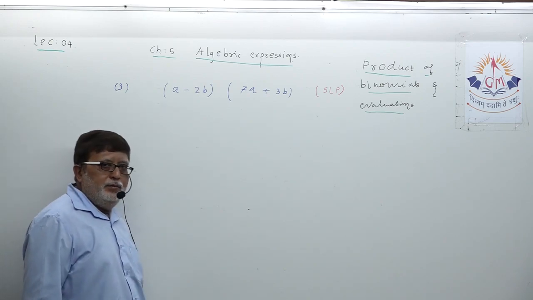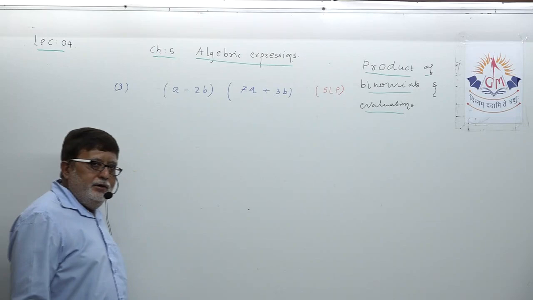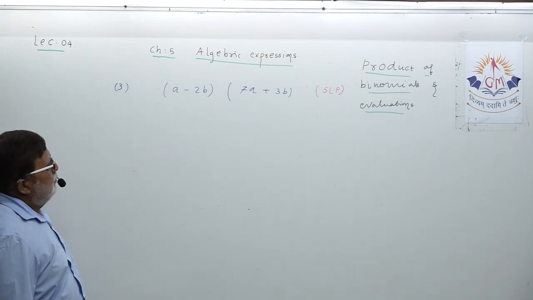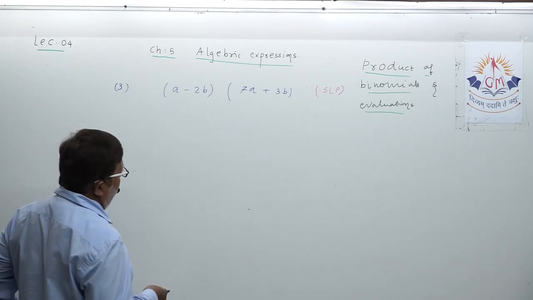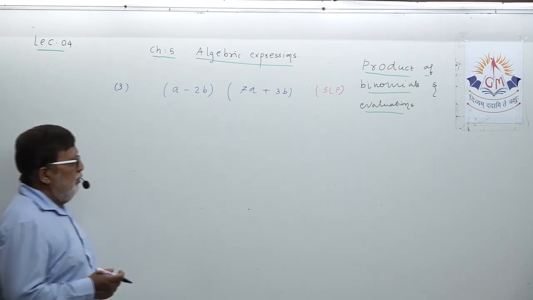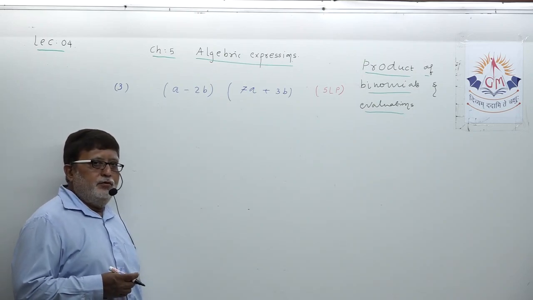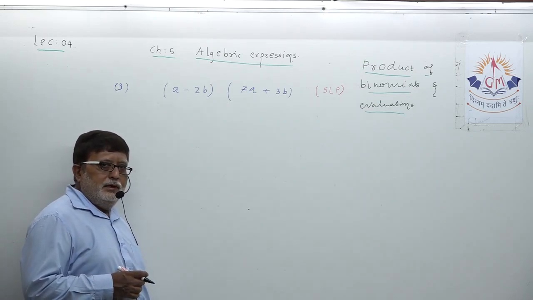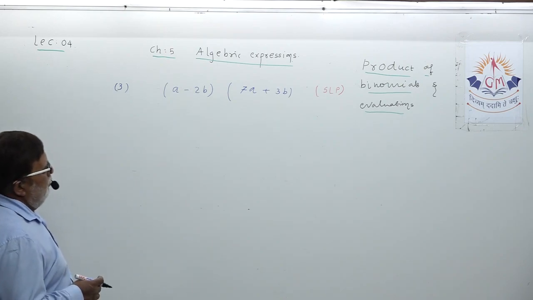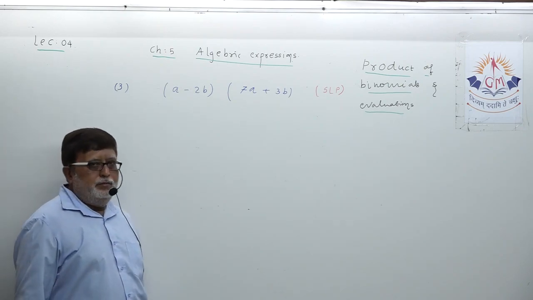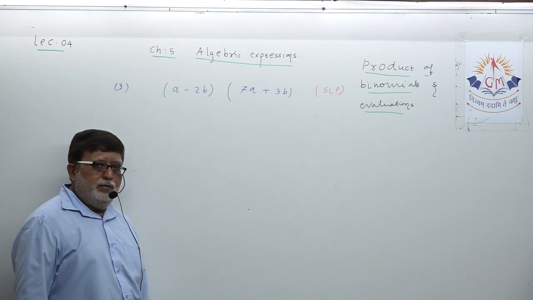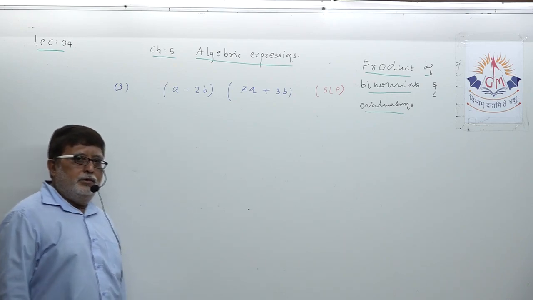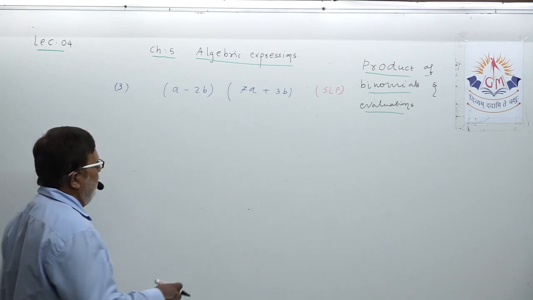You have to multiply both these binomials, okay? I think enough time we have given, but a little more time also so that every student can try out and can understand, okay? Just stick to the basics of the second example which we have done just now, where you have multiplied both the binomials as well as solved the like terms, okay?